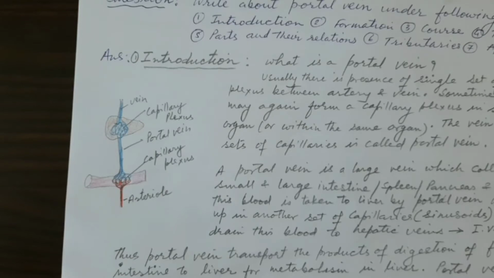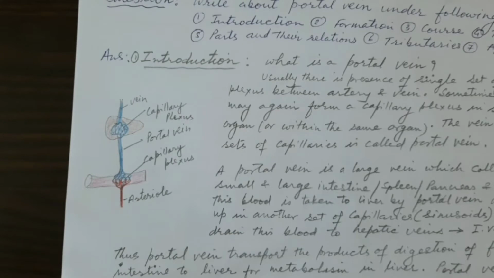The blood in the portal vein also comes from the spleen, through the splenic vein, from the pancreas and from the gallbladder. So these are the organs which pour their venous blood into the portal vein.